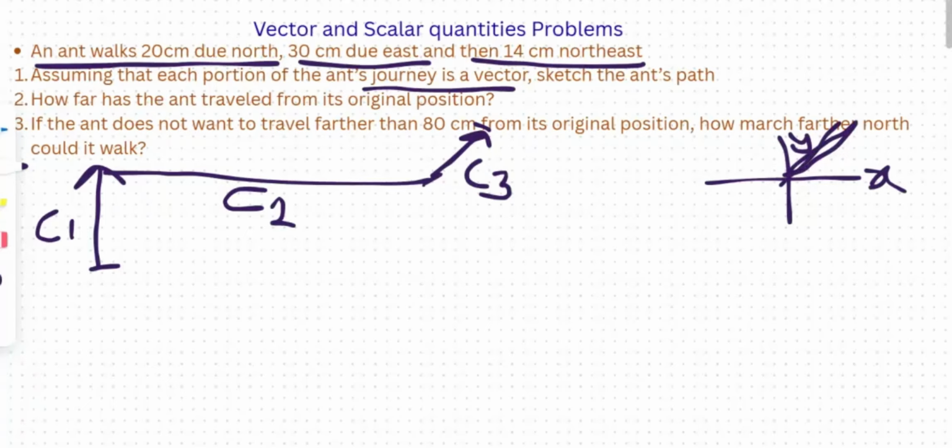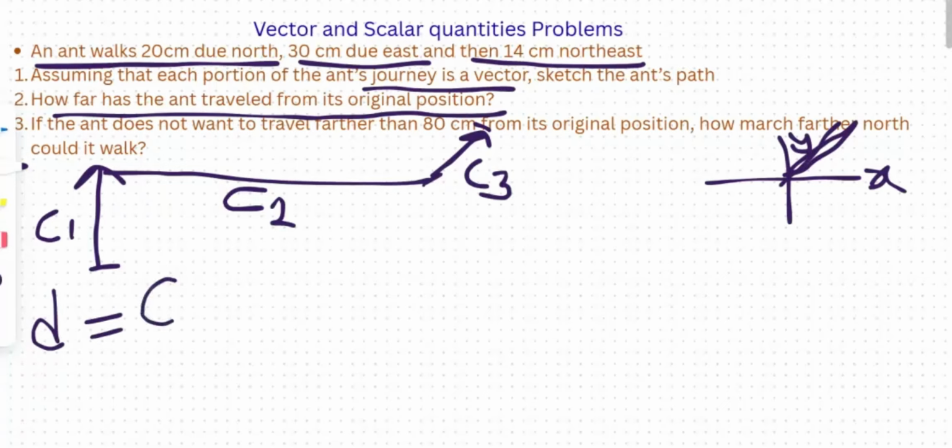So for the next question, how far has the ant traveled from its original position? Looking at the distance the ant has traveled, let's say distance D is equals to C1 plus C2 plus C3. C1 is Y, C2 is X, then C3 is between the X and the Y. So now let's solve for C3 first.